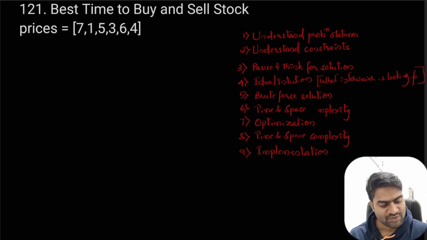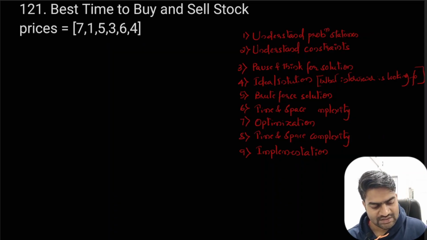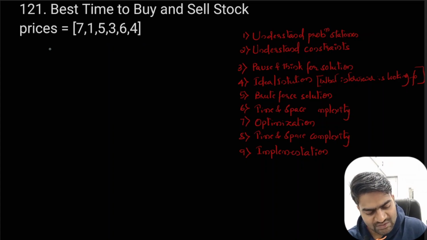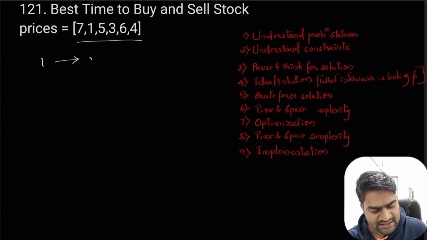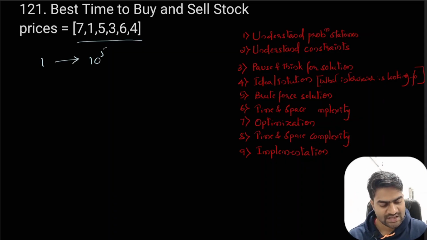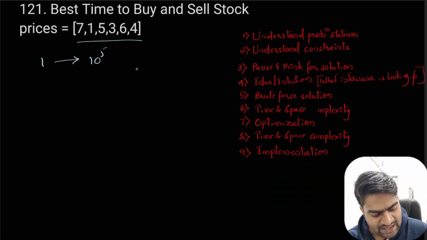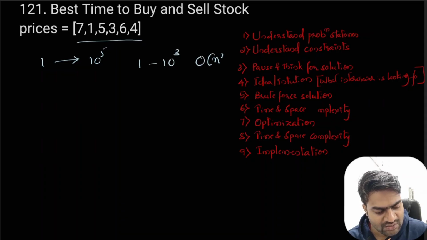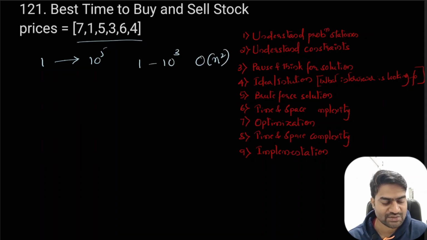Before doing that, there is one thing we need to understand. For this problem, the constraint was that the length was between 1 and 10 raised to 5. As a thumb rule, always keep this in mind: in Leetcode, if the array length is between 1 and 10 raised to 3, then even if you solve the problem in O(n square), it will accept the solution.